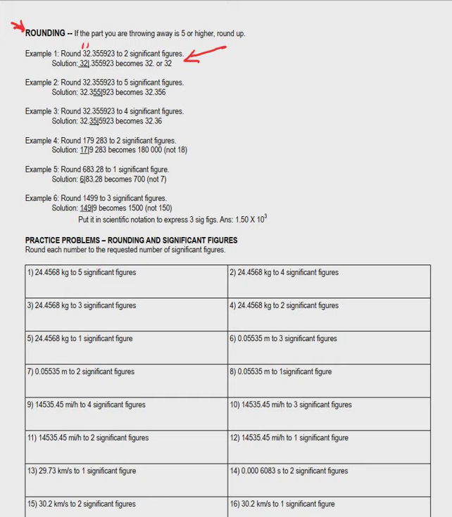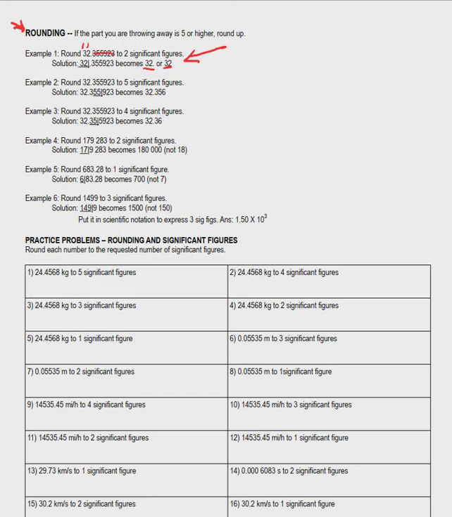So we're going to throw out 355,923. So basically, it's just going to be 32.